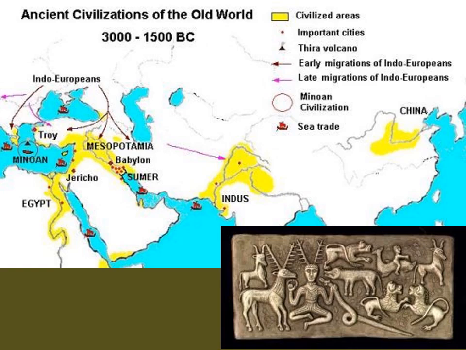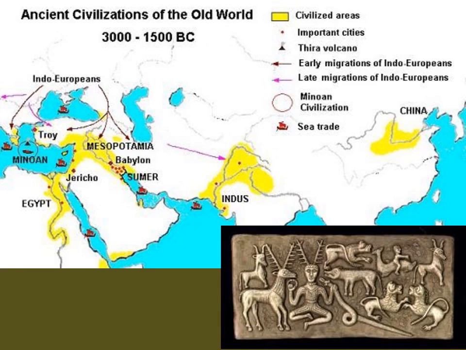The yellow areas mark the civilized areas, and the red dots the important cities. We have early migrations of Indo-Europeans, represented by the brown arrows and the pink arrows, some of them going on to India. And we have sea trade represented by the ships, so there was also maritime trade between the Indus civilization and the Mesopotamian and Egyptian ancient civilizations.